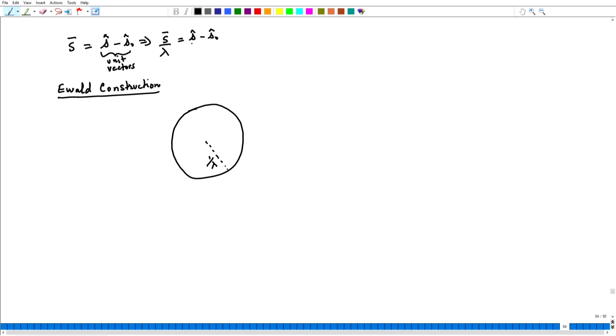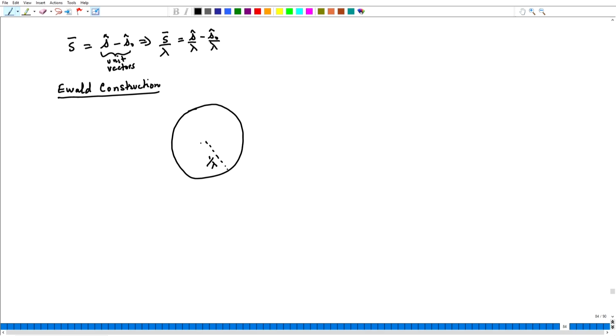Incidentally, I missed out here: S upon lambda should be equal to the unit vector S divided by lambda minus the unit vector S naught divided by lambda. Now, in this sphere, we put in the incident beam direction.